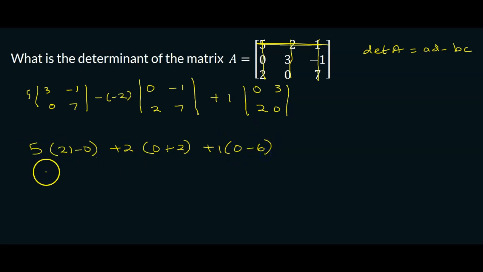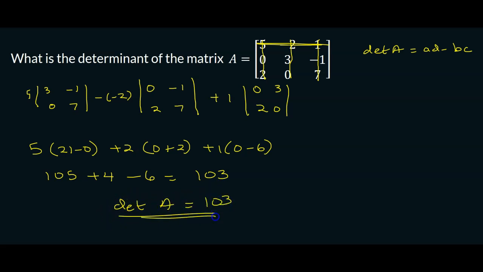So this is 105 plus 4 minus 6. This is going to give you 103. So the determinant of this matrix A is equal to 103.